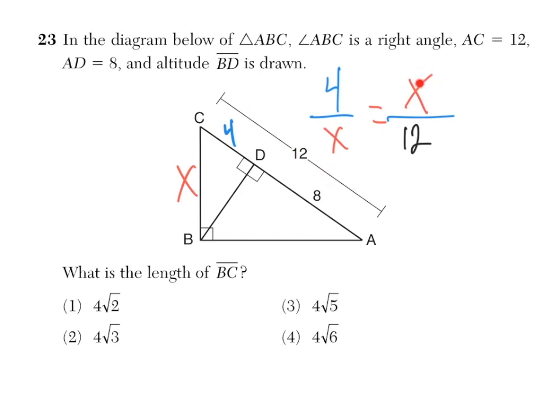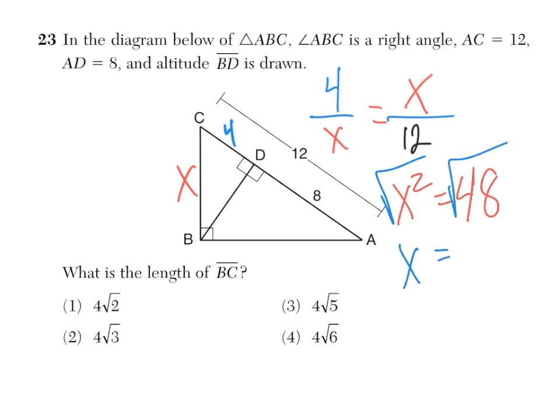Now we're going to simply cross multiply, and I know that x times x gives us, of course, x squared. I know that 4 times 12 gives us 48. And so we're going to isolate x, and we're going to take the square root of both sides. So now we've got x equals the square root of 48, and we can simplify this. Is there a perfect square in radical 48?